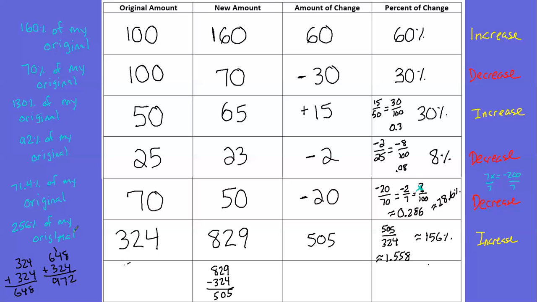Okay, so I hope that going through that activity just gives you some kind of intuition of what it means to have a percentage of increase or a percentage of decrease.